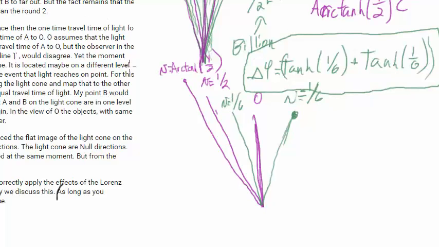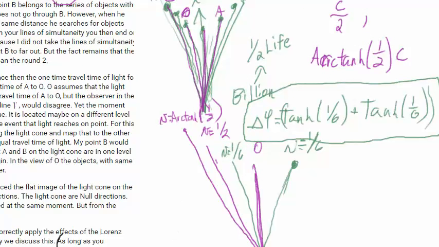I'm going to get back to Paul's description, but the point is you can fairly simply find the region over here to find the same redshift, but it's not going to be this point.